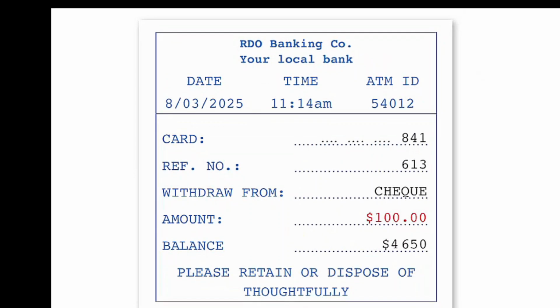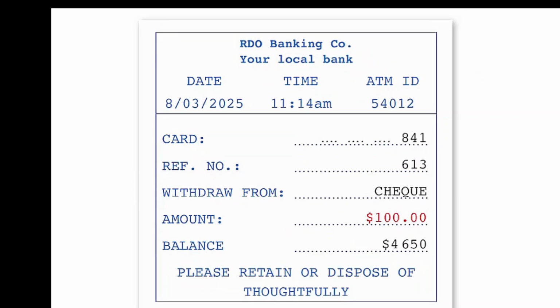This one. EFT? No. Why do you say EFT? Now who has issued it? The bank. And also, see, there's a card. And see this one?